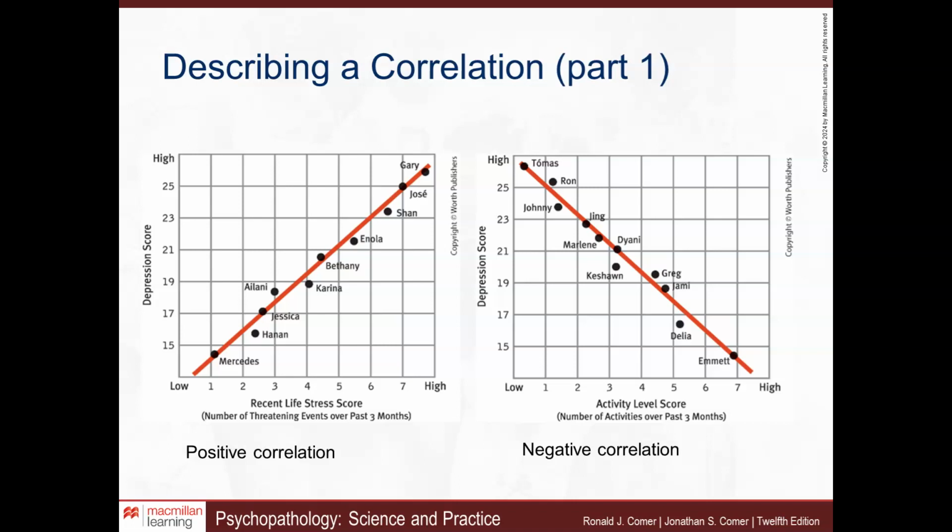When one increases, the other increases. On the right-hand side, we see a negative correlation. That's the relationship between the number of activities and the feelings of depression shown by this hypothetical sample.